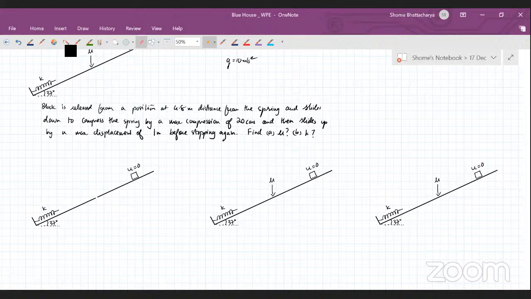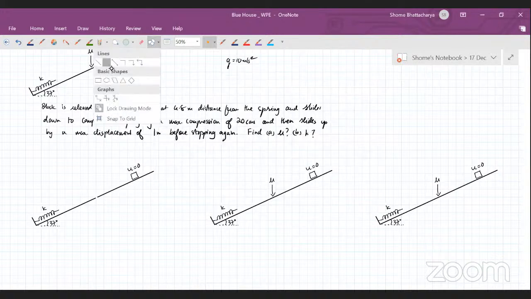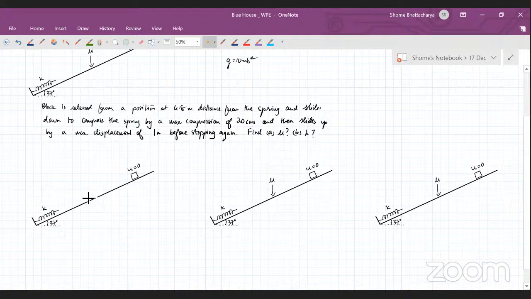Okay, so we'll compare three situations here. So this distance is 4.8 meters. So this is, let's say, position A of the block.